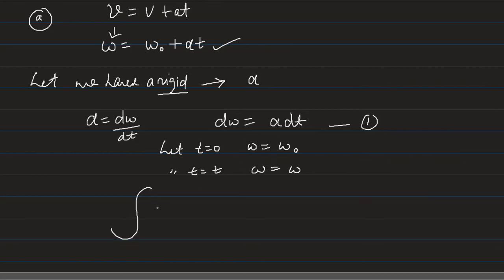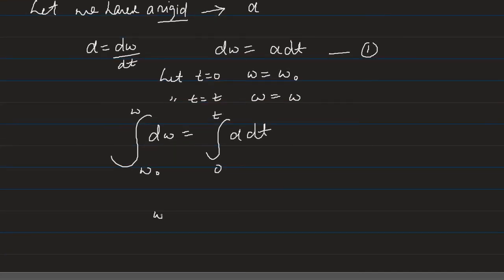So we'll integrate equation 1, that is d omega is equal to alpha dt. So omega का जो limits है, that is from omega naught to omega, and time is from 0 to t. So d omega का integration रहेगा omega, and our lower limit is omega naught, upper limit is omega, and alpha is a constant angular acceleration. So dt का integration है t, and it is from 0 to t.